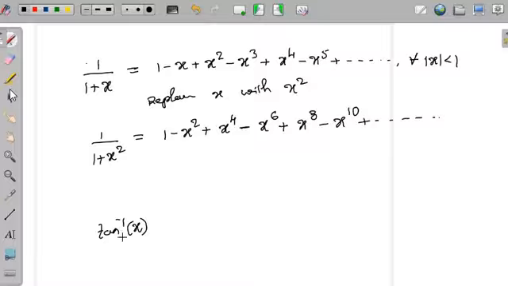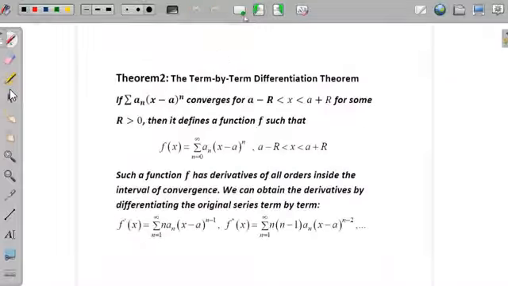So if I need tan inverse of x, we know that it is simply integration of this expression, right? Integral 1 by 1 plus x square will give us tan inverse x. So on the other side also you integrate and you try to find the summation. Okay. So that's what the next theorem is talking about.